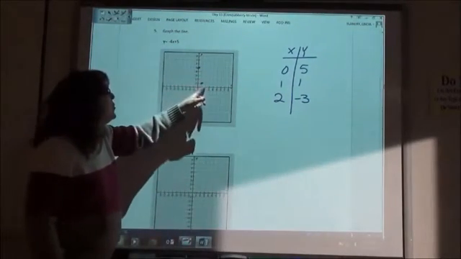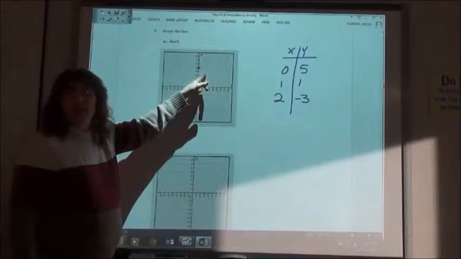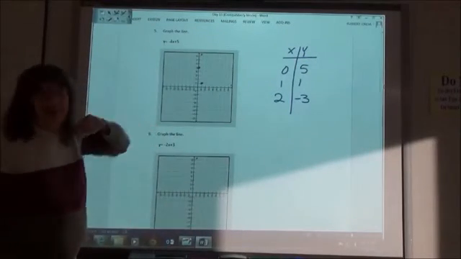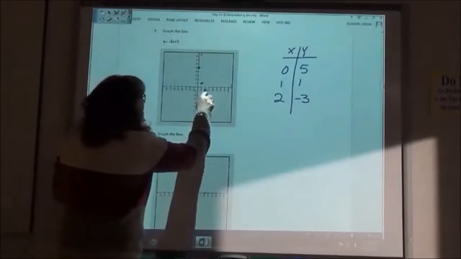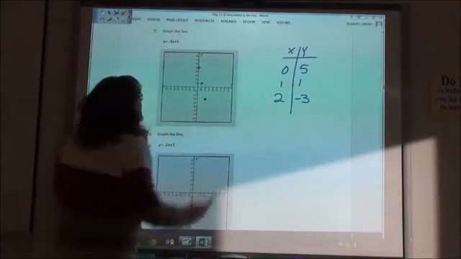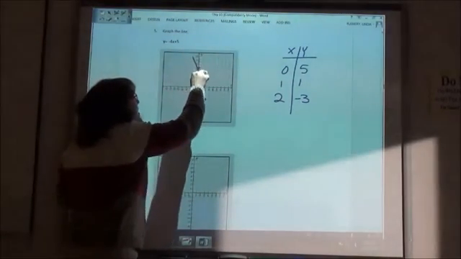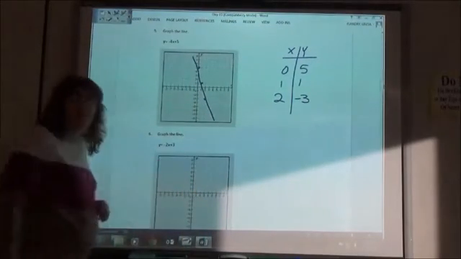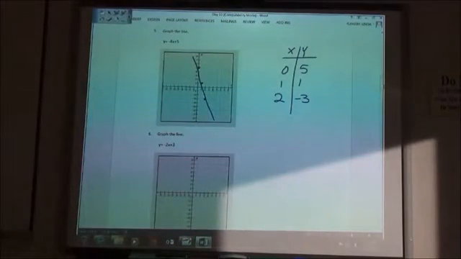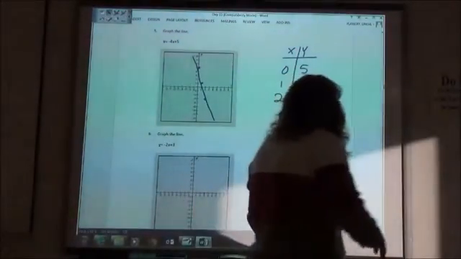Now if I plotted 2, 3, hopefully I would notice and say, oh, look at that, it's not in the right spot. So 2, negative 3, when I plot that, should line up. And again, this one has a slope that's negative. So when I'm connecting my dots, I know I should be going downhill from left to right. And I am.